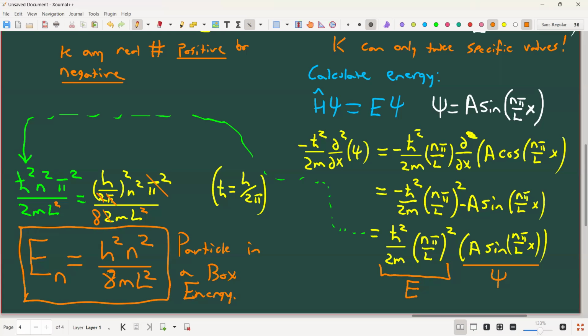And this equivalent of n was this k, this momentum, and this momentum could be anything at once. But now our energies of our box, the same particle, but now constrained in this finite box, now has discrete energy levels where n can only be certain integers, 1, 2, 3, 4, and so on and so forth.